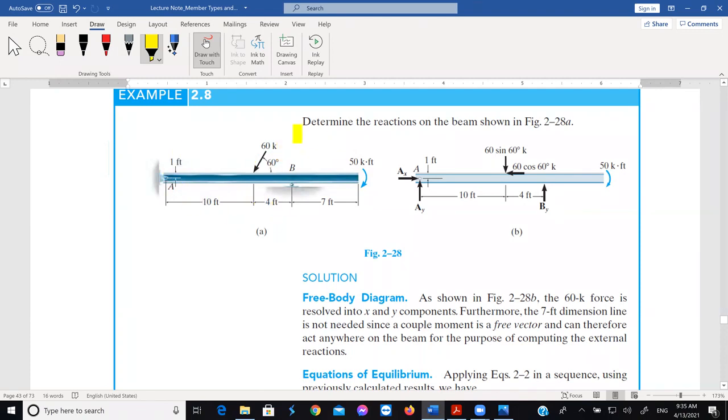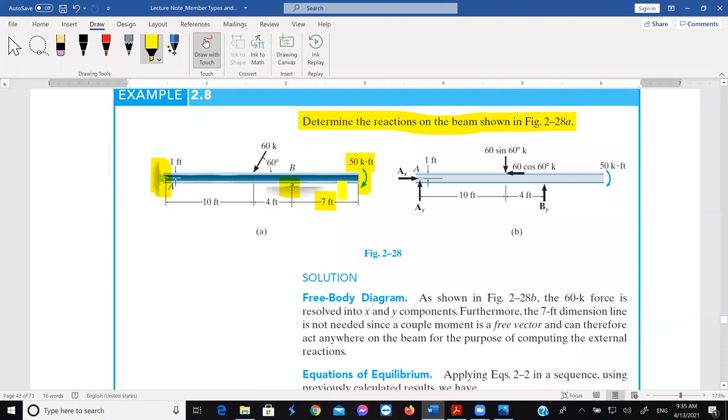So this is a beam member, and we need to determine the reactions on the beam. It has a pin support at the left end, which is a hinge basically, and it has a roller support at point B, and it has a 7 feet overhang with a cantilevered moment couple at the end of this cantilever with a magnitude of 50 kip-feet.